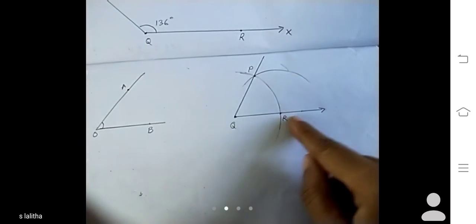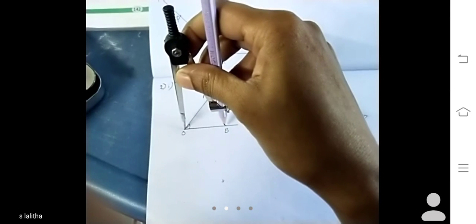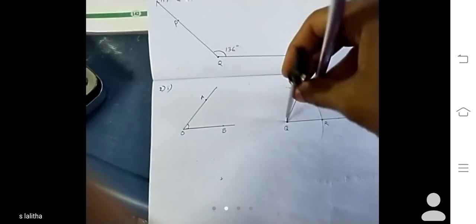First, you have to draw a ray. Any measurement, you have to draw a ray. Put the point here, Q. Then you have to take the compass. Measure here from O to B. How much is it? That radius you have to keep on Q. You have to draw an arc like this. Okay.